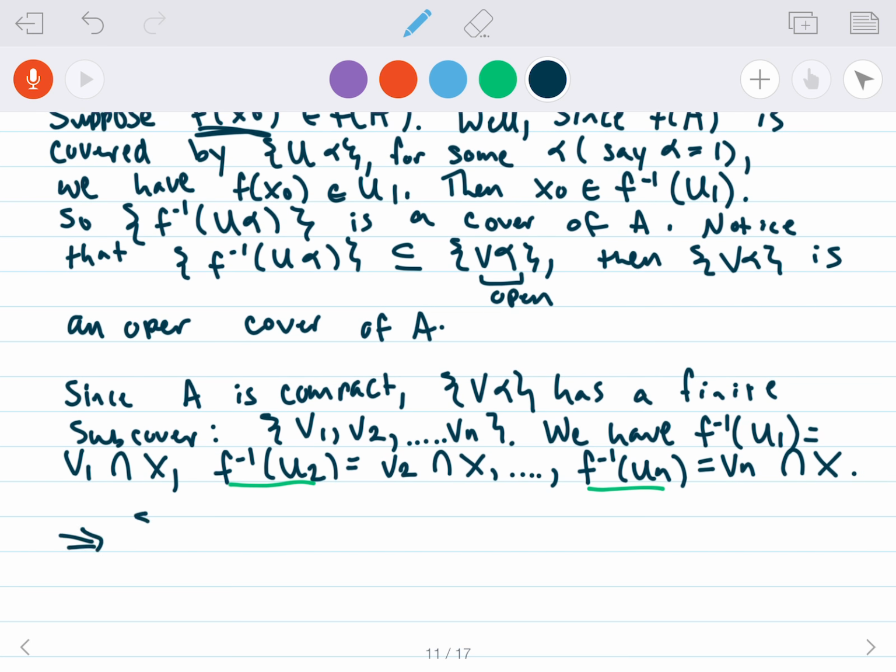So this means that these pre-images will cover A.